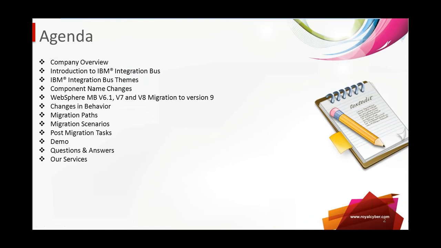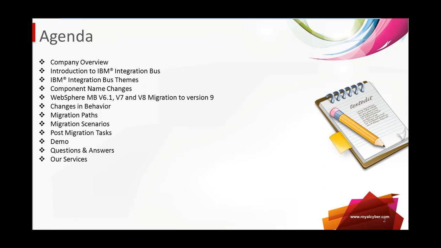Hopefully you must be able to see my screen now. And then we talk about the behavior changes of IIB 9, and then the different migration paths and scenarios. Then what will be our post-migration tasks after we've done the migration? There are some post-migration tasks we will discuss for each of the various previous versions.